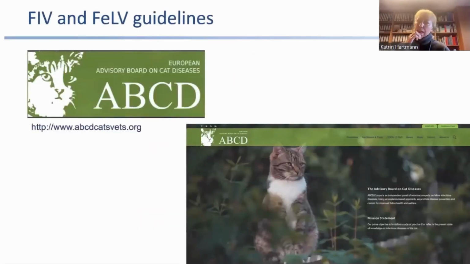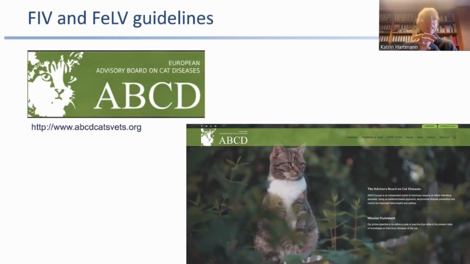First of all, I would like to draw your attention to ABCD. ABCD is an advisory board on cat diseases, a European advisory board, and we are 19 specialists from different European countries, and we have developed guidelines for 15 or 18 years now. We develop guidelines on every feline infectious disease you can imagine.